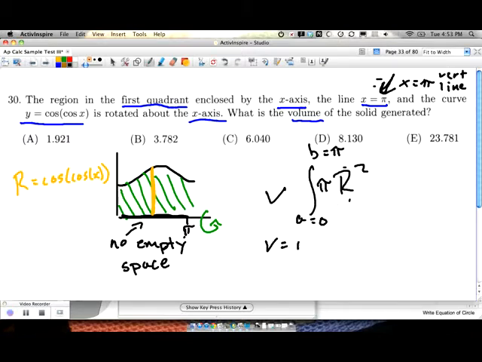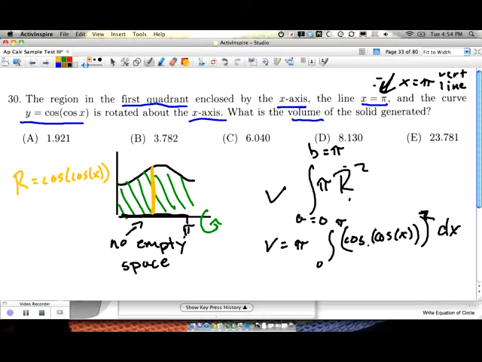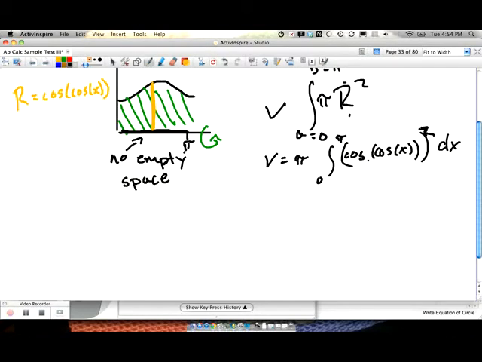So our volume is going to be equal to pi times the integral from 0 to pi of cosine of x squared dx.